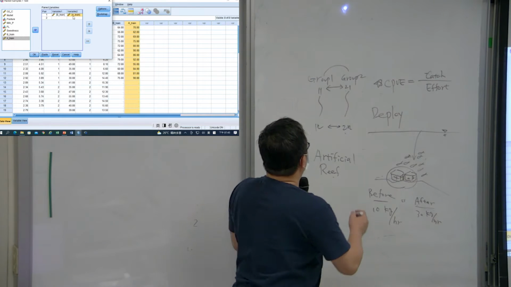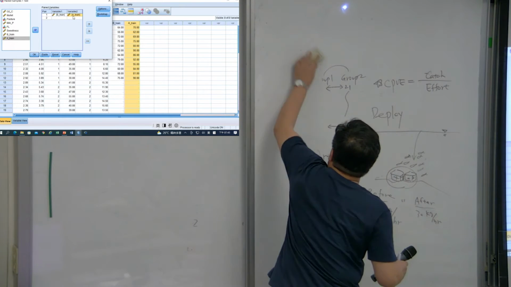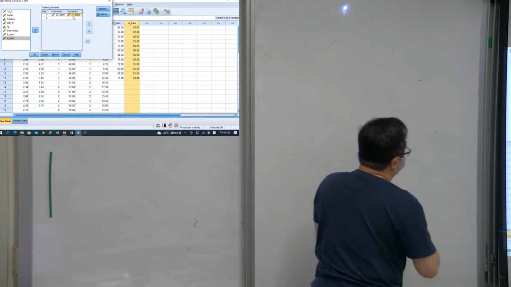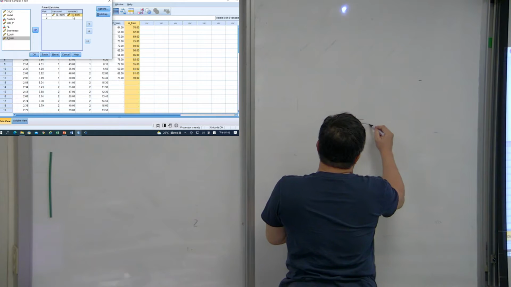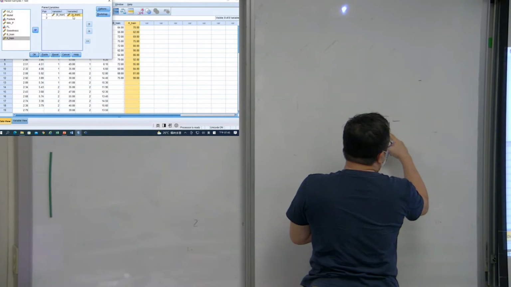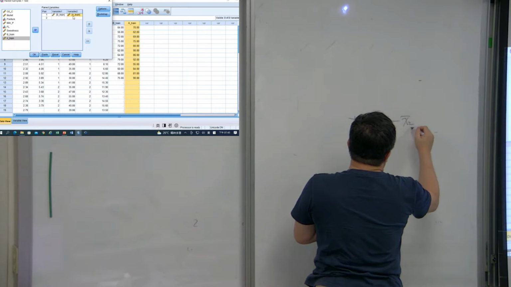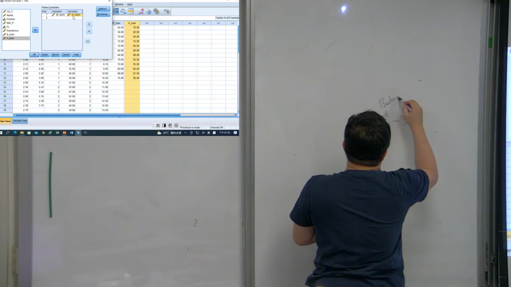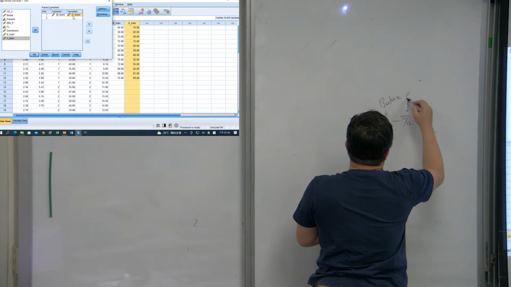The t value is equal to x1 bar minus x2 bar. So this is before, this is after.